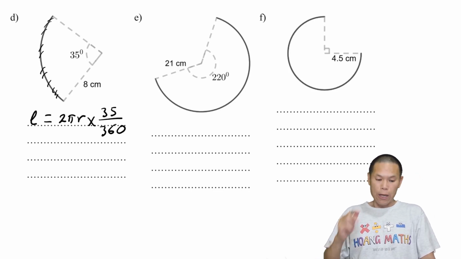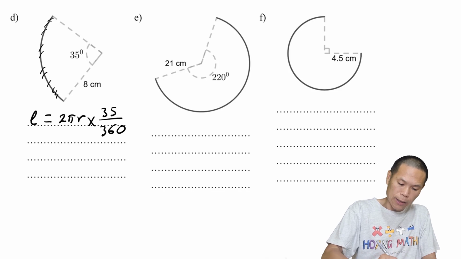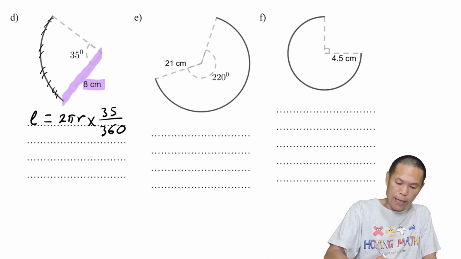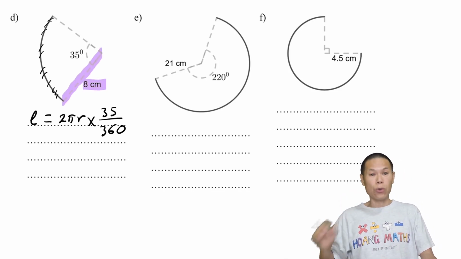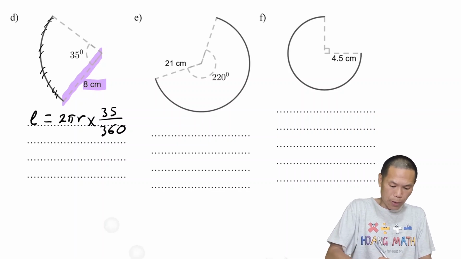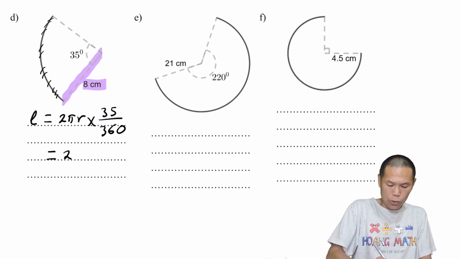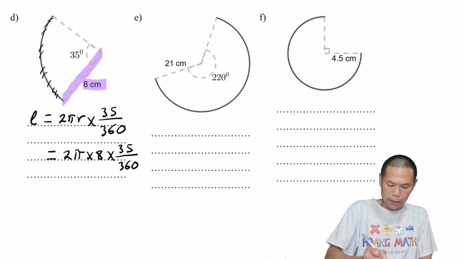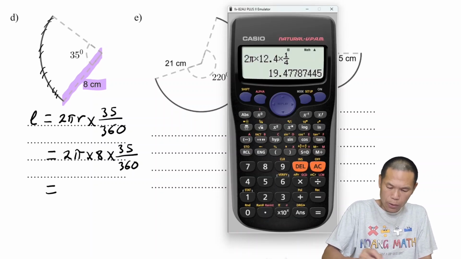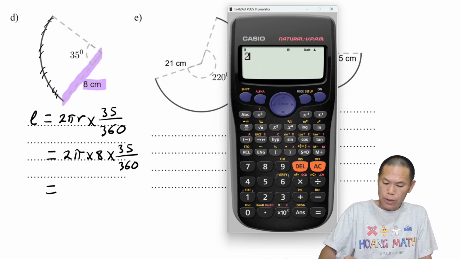We know that the radius is here, and that is 8 centimeters, so r is equal to 8. Which is equal to 2 pi times 8 times 35 degrees out of 360 degrees. So just go 2 shift pi times 8 times 35 over 360.